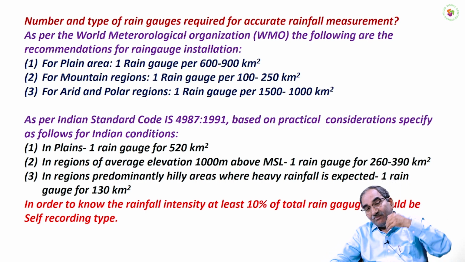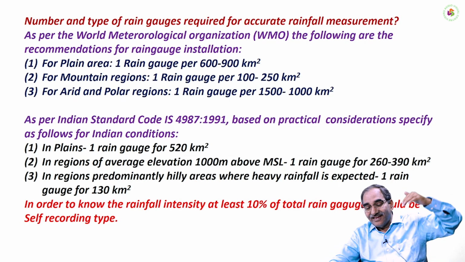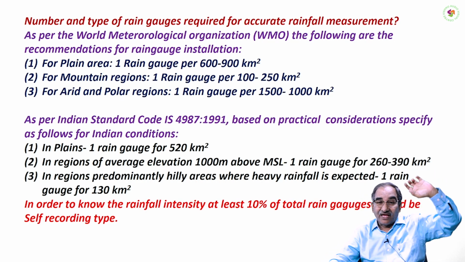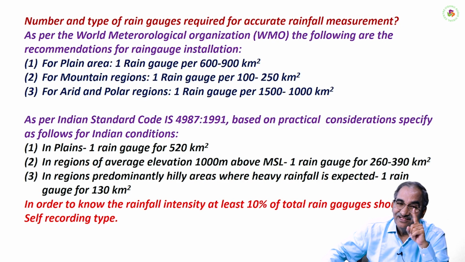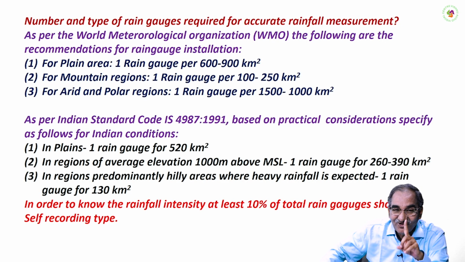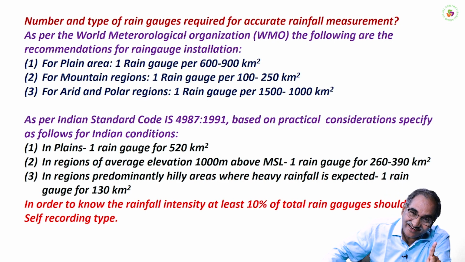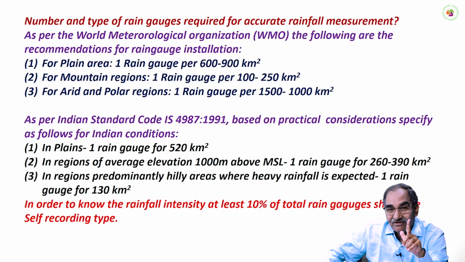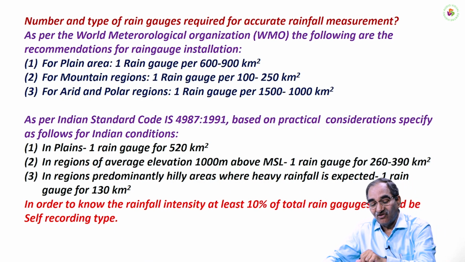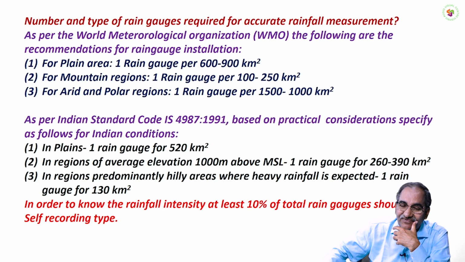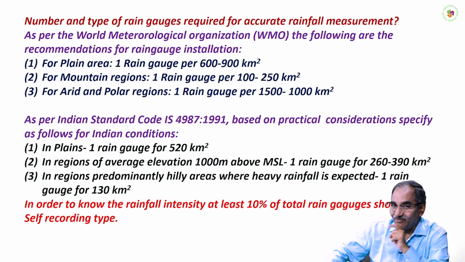Whereas, for example, mountains, if you take the hilly regions, naturally in the hilly regions the rainfall is also more compared to the flat areas. So there we require for every 100 to 250 square kilometers one rain gauge. That is number 2.